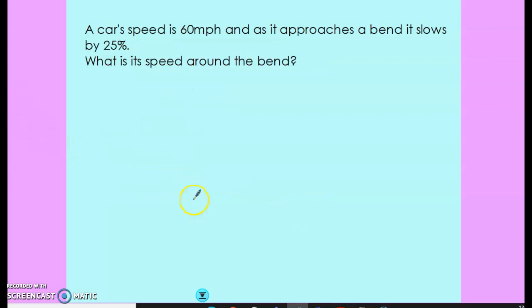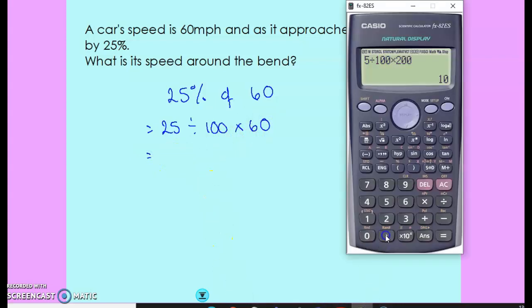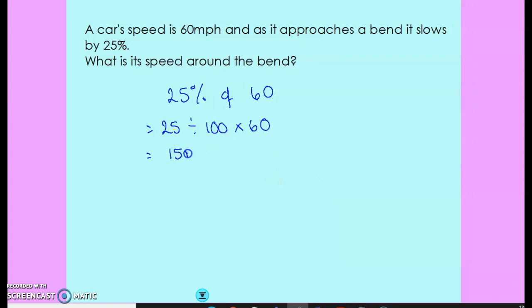Okay, car speed 60 miles per hour. As it approaches a bend, it slows by 25%. What's its speed around the bend? So we need to find what 25% of 60 is. 25% is 25 out of 100 times 60, which is 15 miles per hour.